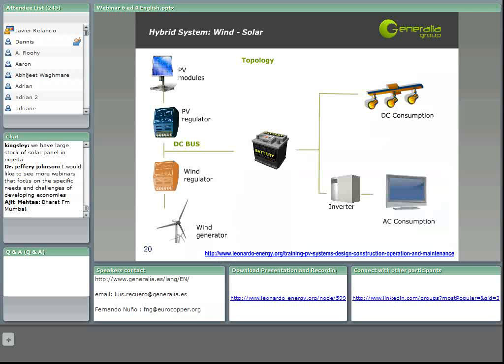Here you have a diagram of what we were commenting, that the wind generator and the PV generator are connected by the DC bus to the batteries. If we wanted to connect a diesel generator, since there also exists the possibility of combining wind, diesel, and solar generators, we would have to connect the diesel generator directly to the inverter.